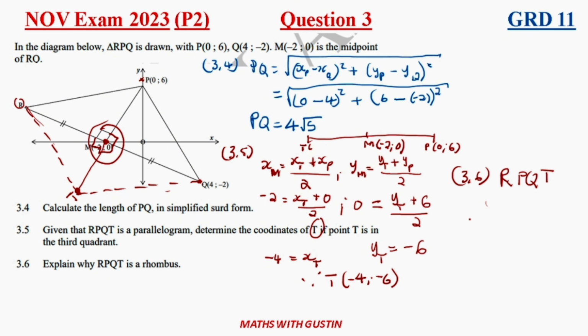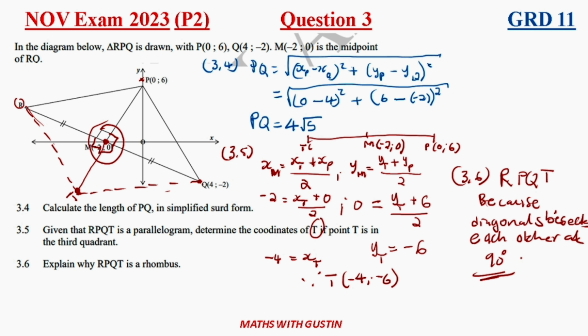Some of them are not. So you can say here this is a rhombus. Explain this should be a rhombus because the diagonals bisect each other at 90 degrees. There you go. They bisect each other at 90 degrees, and that's how you deal with a question like this one.